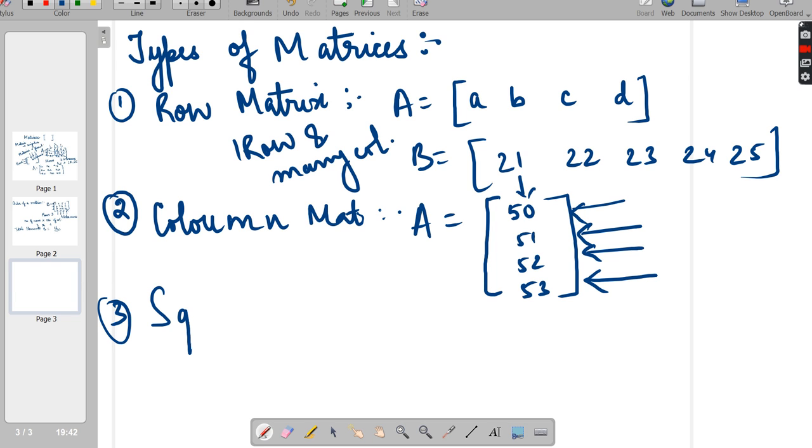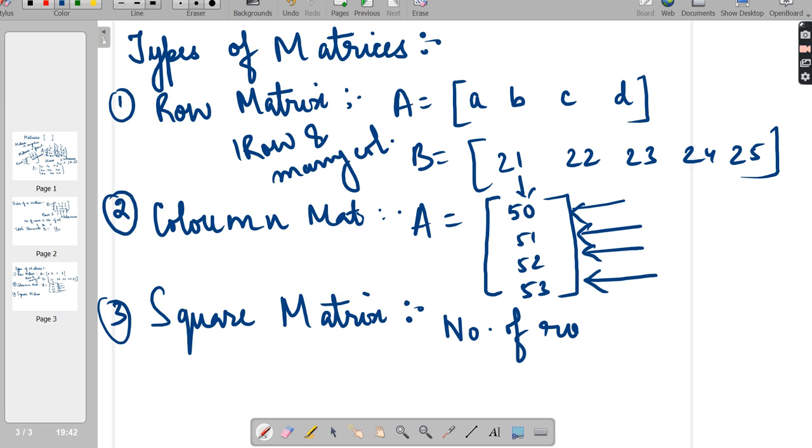Third type is your square matrix. Now you know the property of a square, all sides are equal. So in square matrix, what will be the condition? The condition will be the number of rows will be equal to the number of columns.